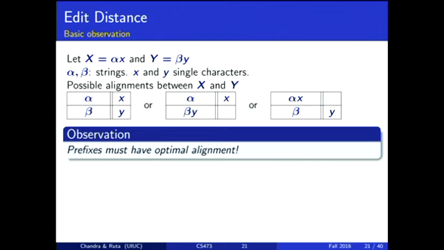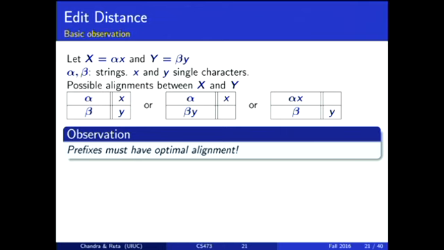Well, if you try recursion, you want to make it simpler somehow, right? So we try to do it incrementally. Let's think of the string x as alpha followed by a single character x, the string y as beta followed by a single character y, okay? Now I want to align x and y. Think of what the possible alignments are.